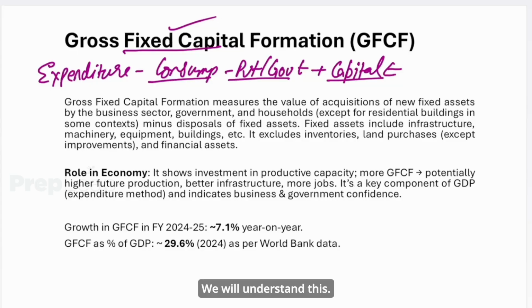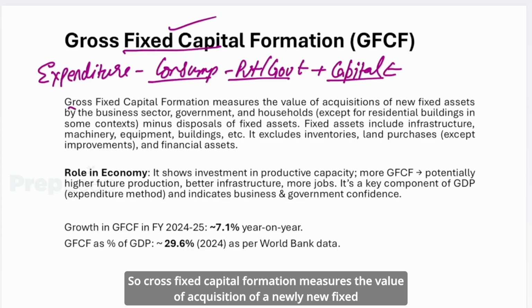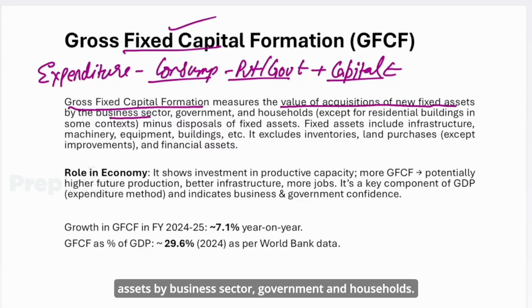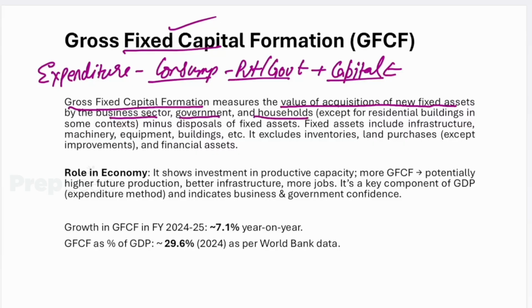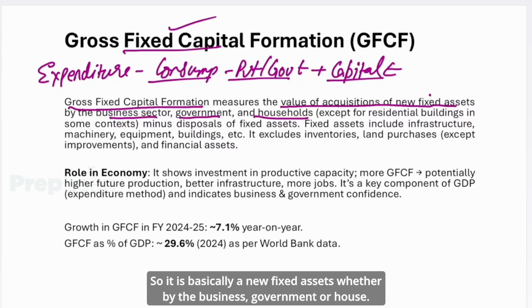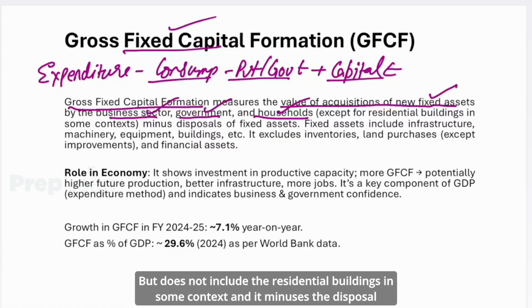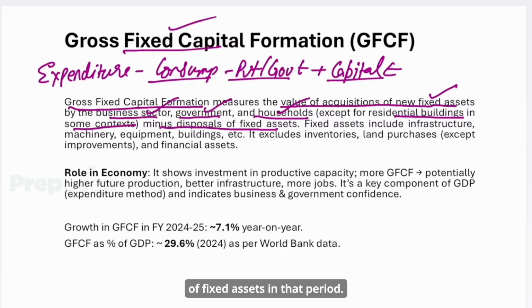We'll understand this. So gross fixed capital formation measures the value of acquisition of new fixed assets by the business sector, government, and households. So it is basically new fixed assets, whether by the business, government, or household, but does not include the residential buildings in some contexts. And it subtracts the disposal of fixed assets in that period.